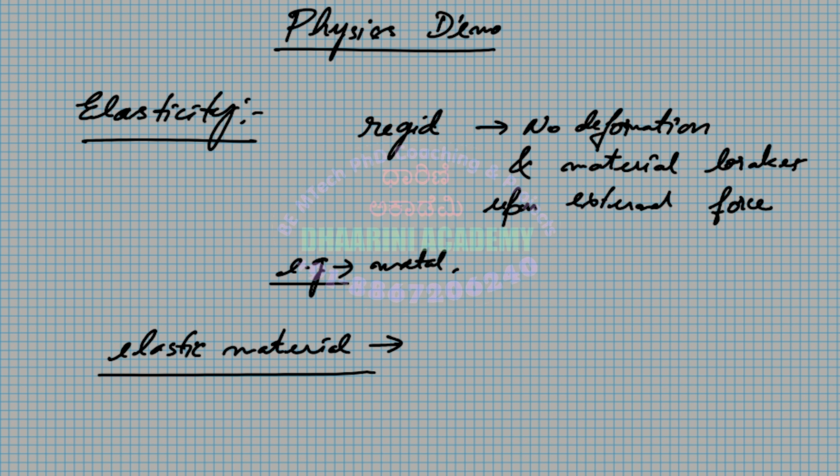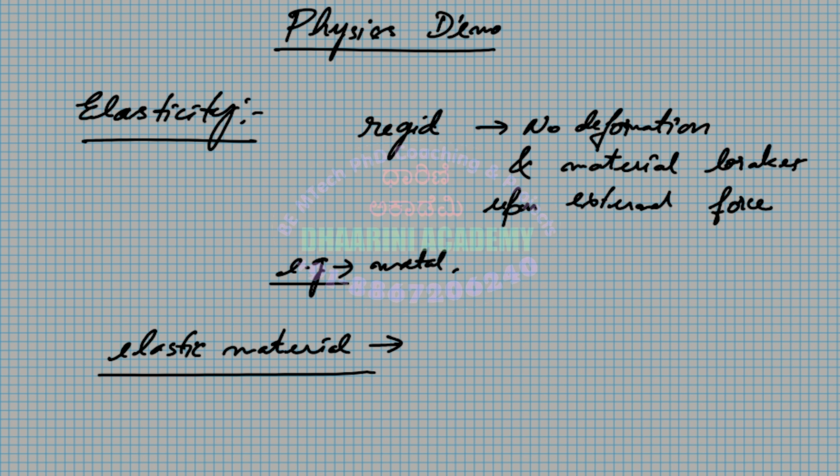When you apply a certain amount of force, initially it will not change. Initially it has properties very similar to rigid objects. It will withstand that force, but only for a very small extent, unlike rigid objects. Once it crosses that small threshold, it deforms.